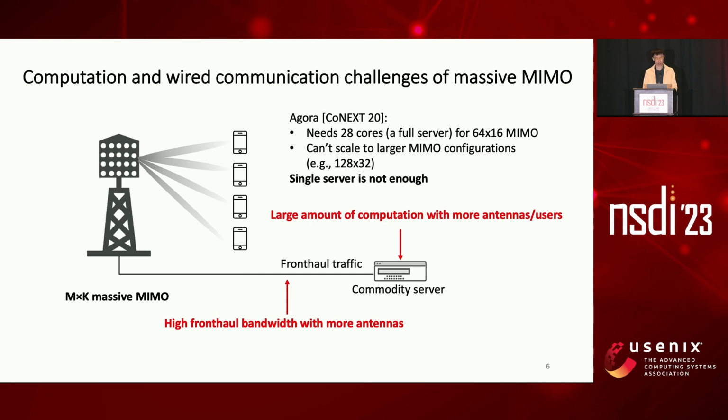Agora requires 28 cores for supporting 64 antennas and 16 users. If we want to go to a higher configuration, like 128 antennas or 32 users, we need to design a distributed system where we can use the computation resource across multiple servers.